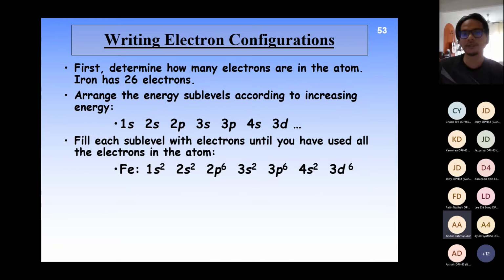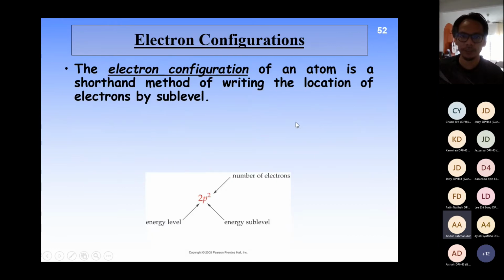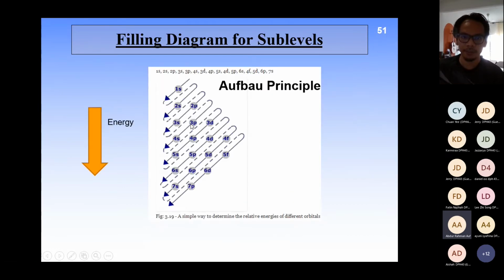So kat sini ada student pernah tanya saya kenapa 4s dulu bukan 3d. Kalau kamu tengok dalam orbital diagram pun tadi, kenapa lepas 3p dia jumpa 4s dulu, masuk 4s dulu, but then patah balik to 3d. So this is an anomaly, sesuatu yang janggal. We know this from experiment. Elektron dia akan fill up orbital 4s terlebih dahulu, barulah dia akan fill up 3d.